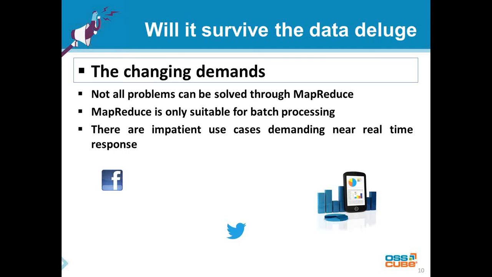So my belief is that the MapReduce is not going to disappear, but it is going to improve. It is going to adapt itself to turn into different forms, different shapes, right?